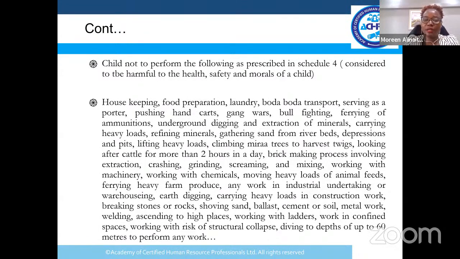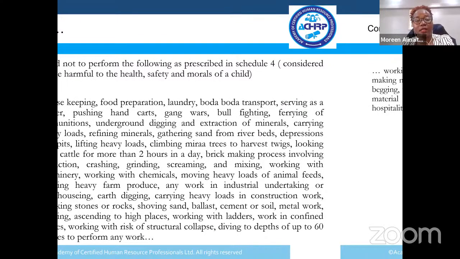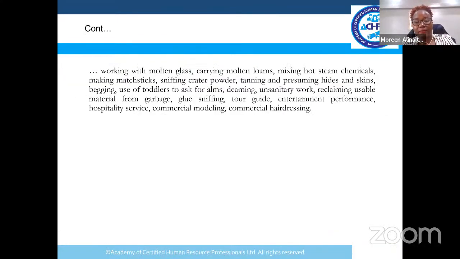We see many children in the mining sector, in areas of the gold mines. They normally send the small children because they can fit in those small holes. It's not proper and it's against the law. You see, the things they are saying, sniffing cement powder, tanning and preparing hides and skins.